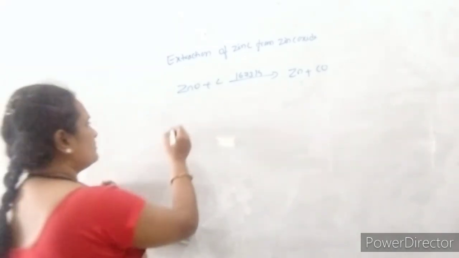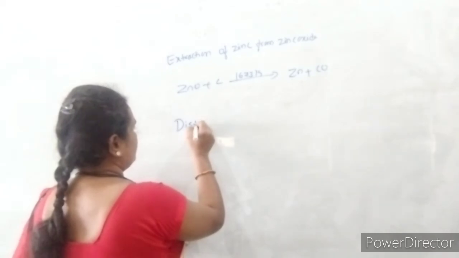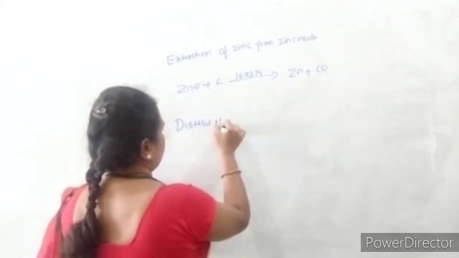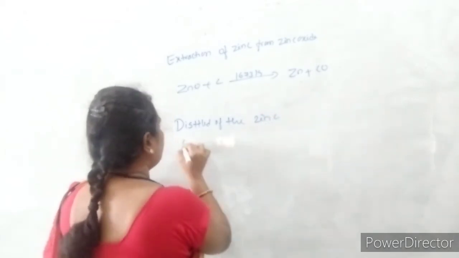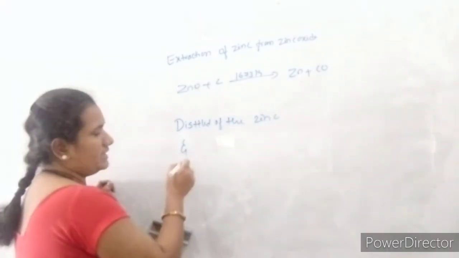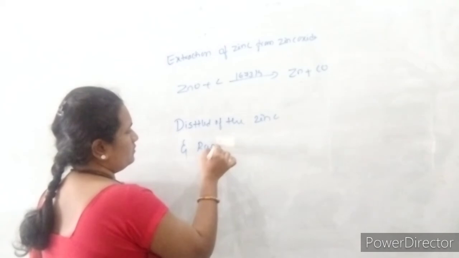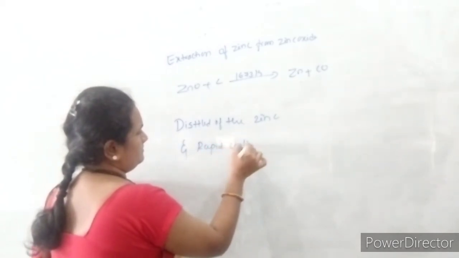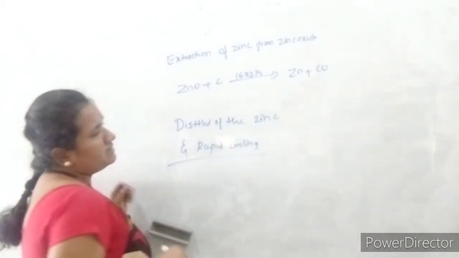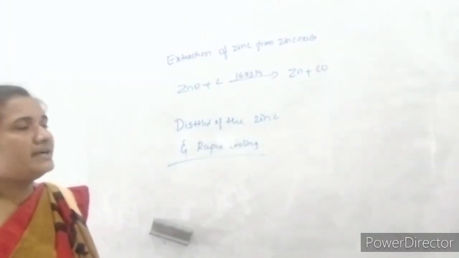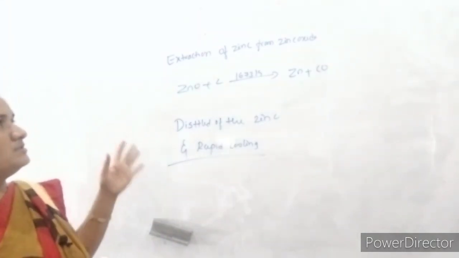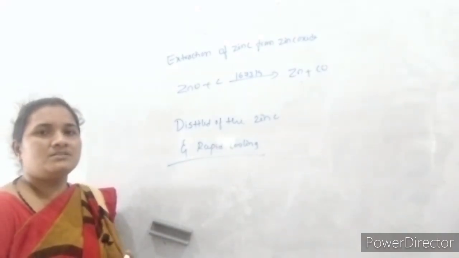We have to distill off the metal, meaning zinc, and collect it by rapid cooling. Then we get the zinc. This is very easy compared to copper and iron. So this is about the extraction of zinc from zinc oxide.